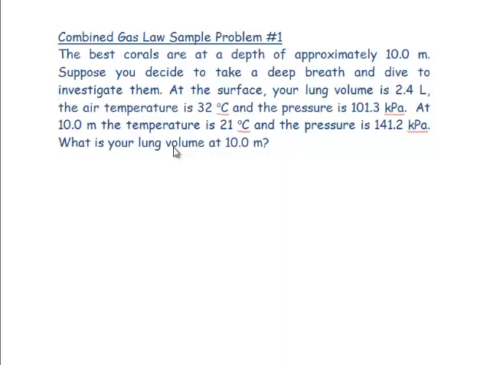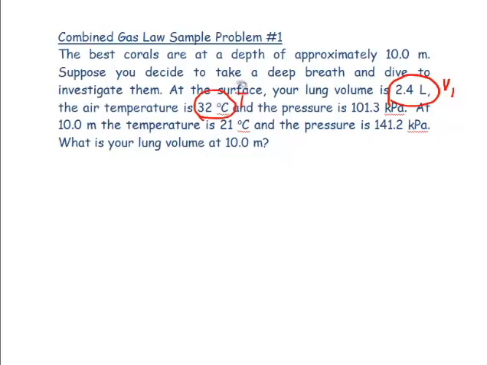Okay, a lot of information given here. Let's slow down, take the time to work through it and identify each variable. At the surface, your lung volume is 2.4 liters, that's going to be V1. The air temperature is 32 degrees Celsius. That's our first temperature, T1.